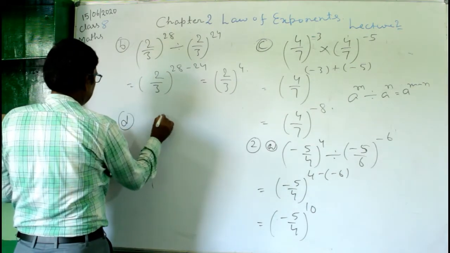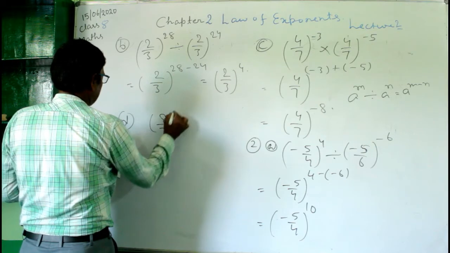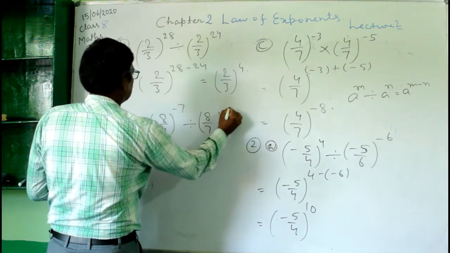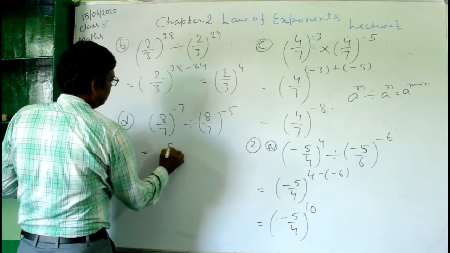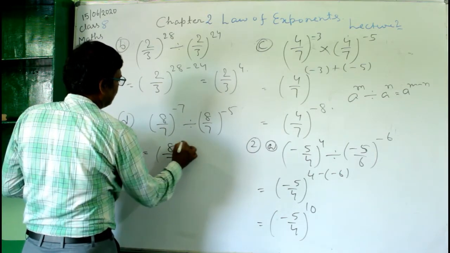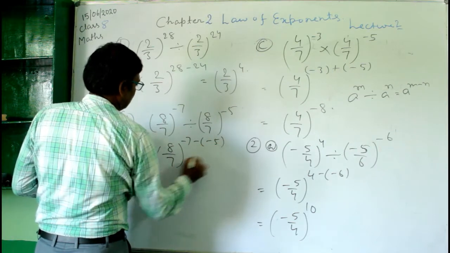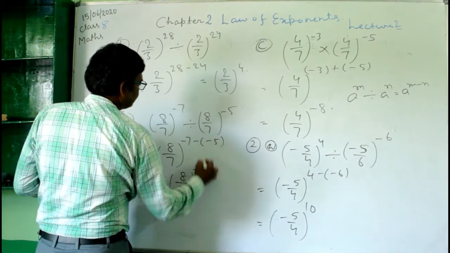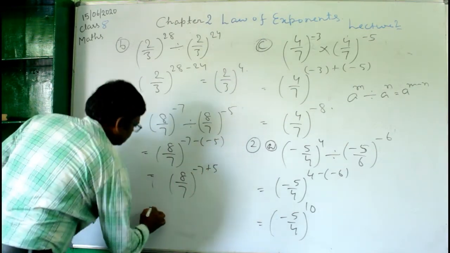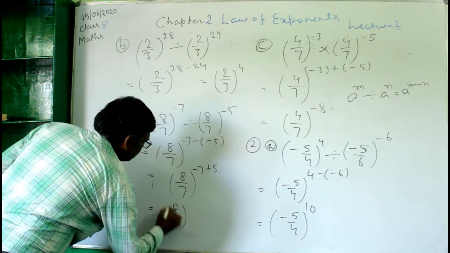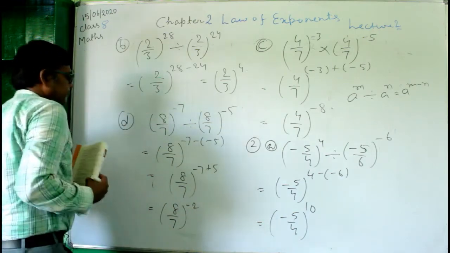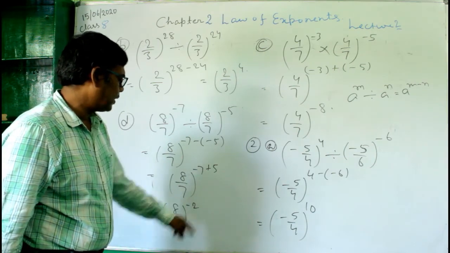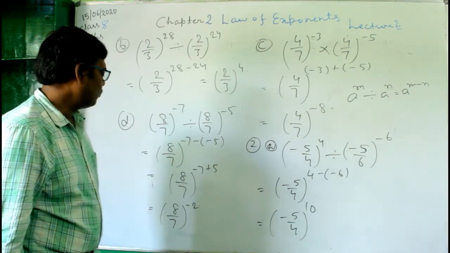It is (8/7)^-7 divided by (8/7)^-5. So it will be (8/7)^(-7-(-5)), which is equal to (8/7)^(-7+5), that is (8/7)^-2. Now observe that the power is negative, minus 2, and we have to make this positive.